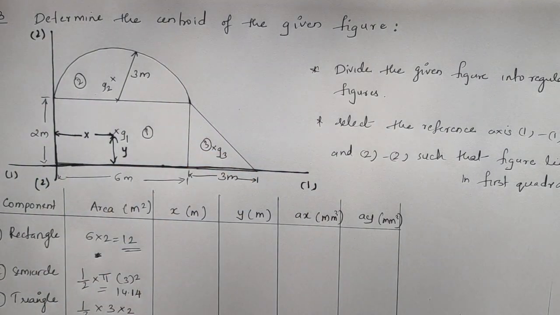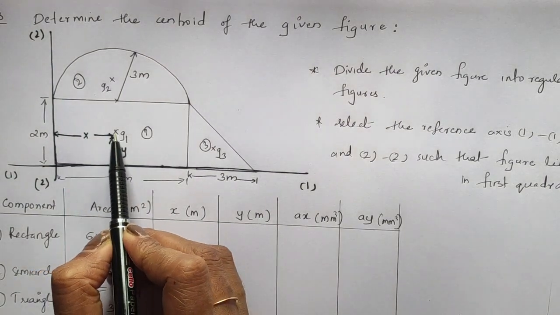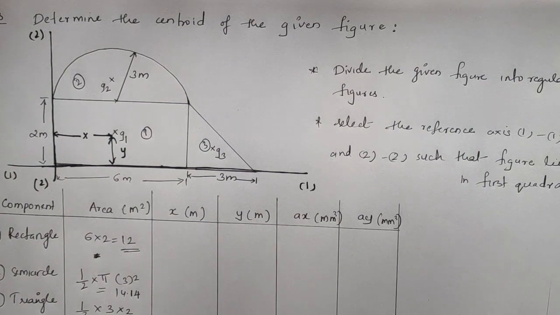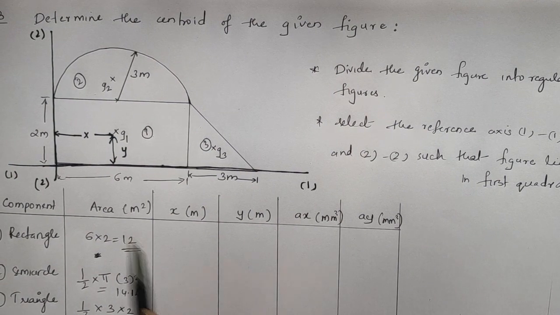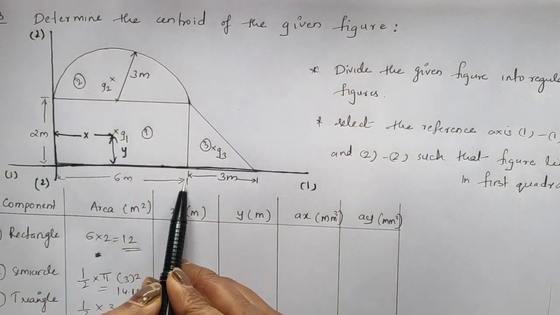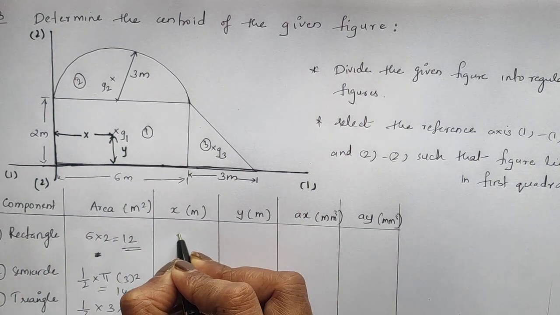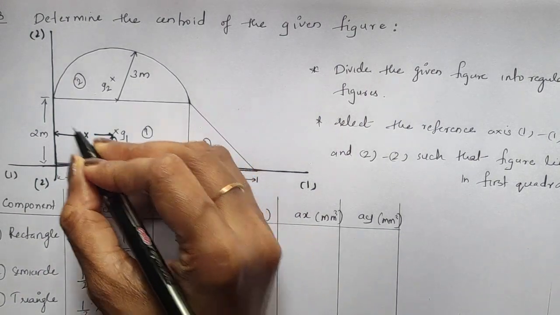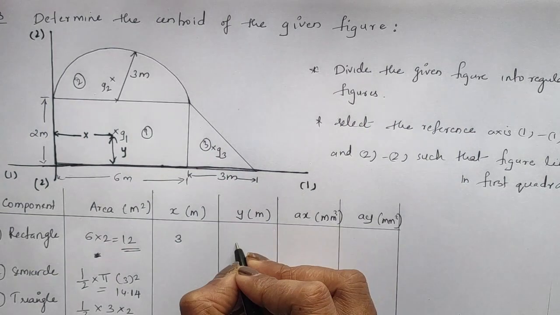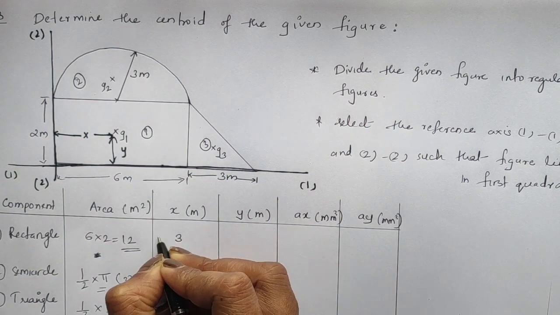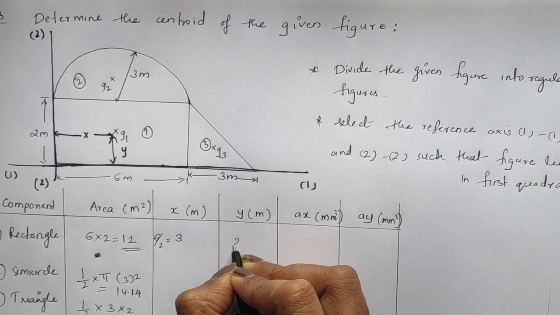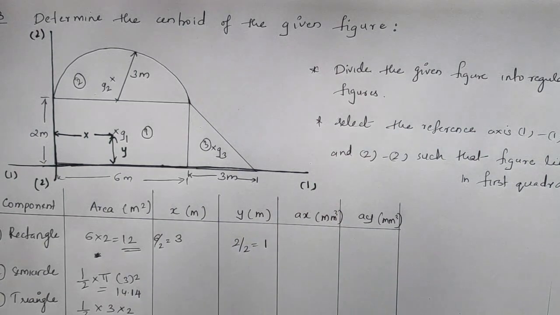For the particular rectangle I am talking about, the rectangle is a symmetrical figure, we know that the centroid lies in the center, so obviously this distance is going to be, total is 6, so 6 by 2, that is 3 meter, and y is going to be, total is 2 meter, so 2 by 2 is equal to 1 meter.